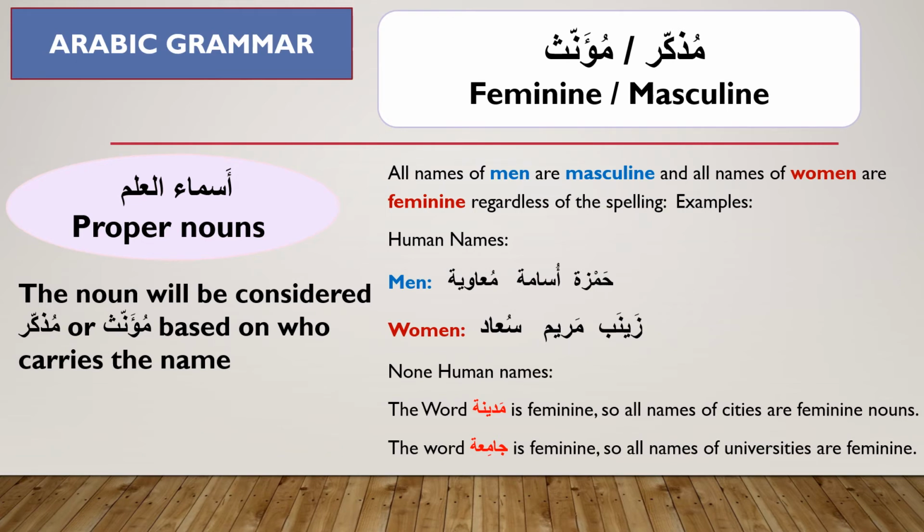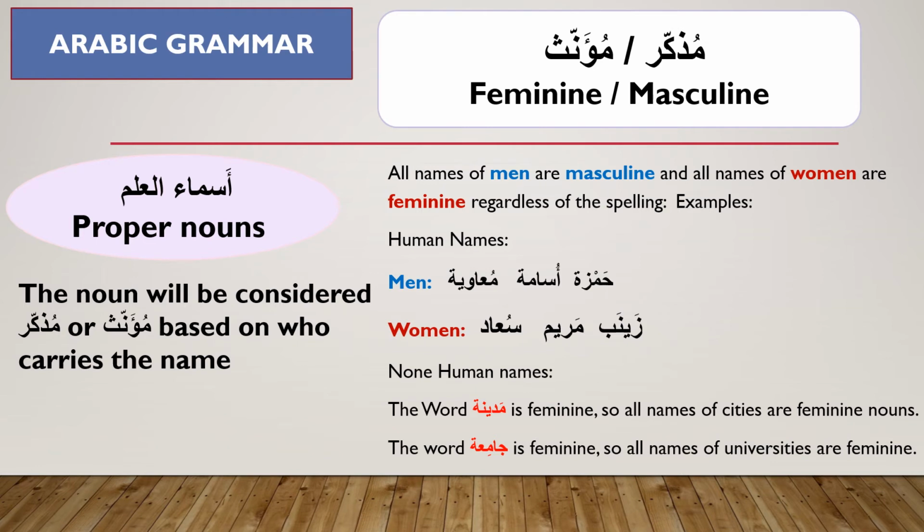The reason we are using the name Stanford as a feminine noun is because it's the name of a university. Harvard is a feminine noun because it's the name of a university. So we deal with non-human names based on who carries that name.